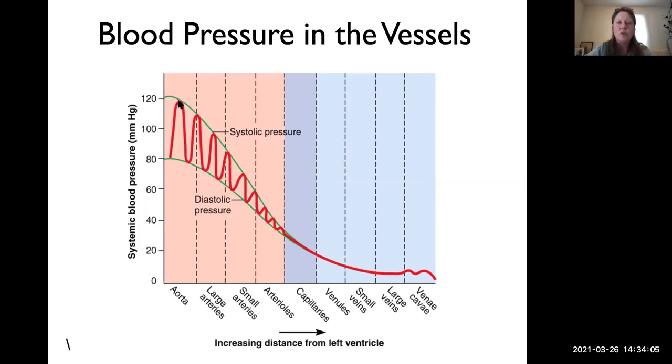So we use a tool or an estimate known as mean arterial pressure. The mean of something is its average. So we're looking at the average pressure in the arteries over time. We're going to take the systolic pressure and the diastolic pressure, and put them together to get the average pressure in the systemic arteries over time, mean arterial pressure.